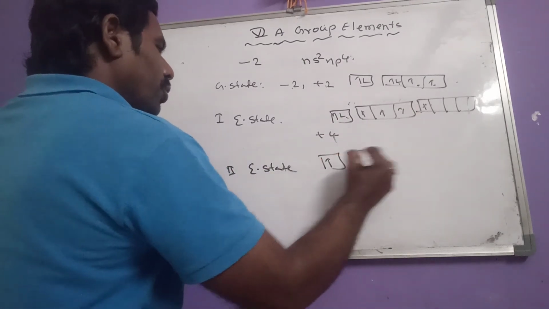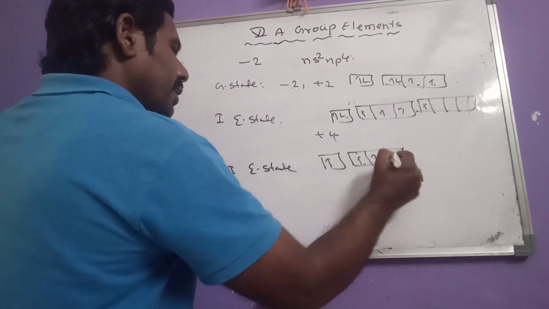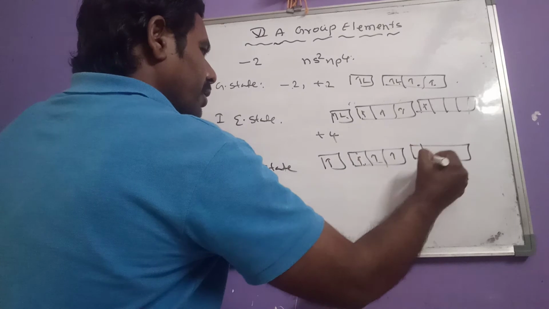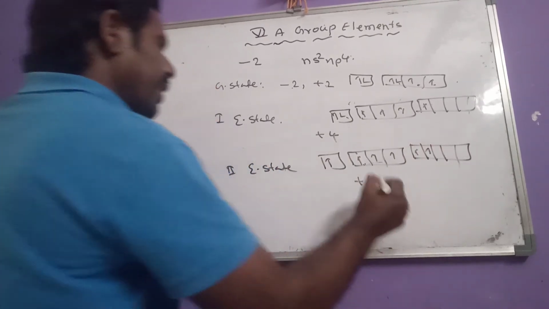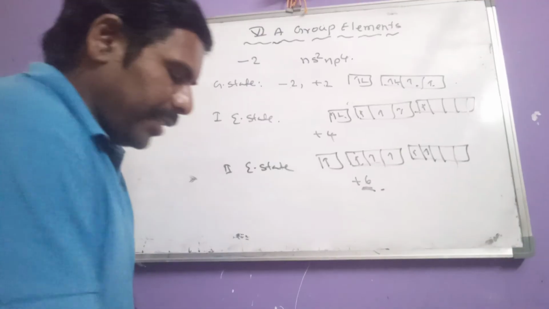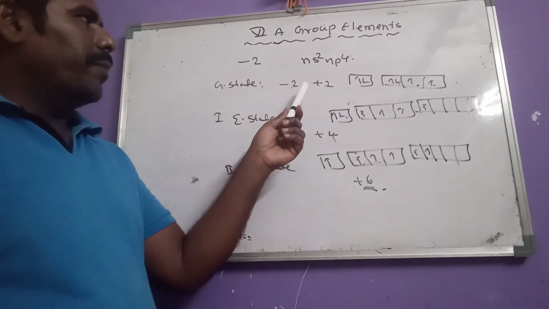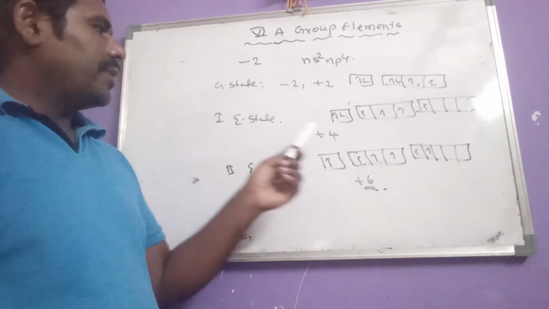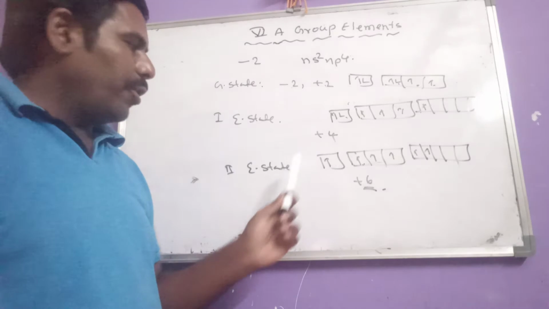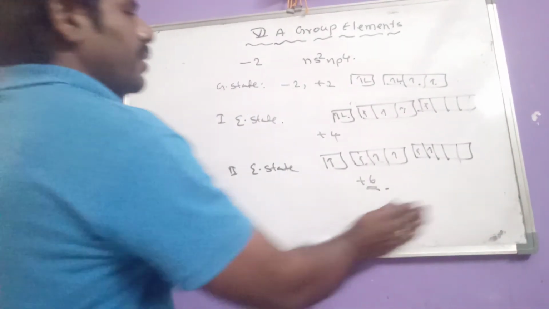Now due to the presence of 6 unpaired electrons, the oxidation number is +6. So common oxidation numbers we can take -2 and +2, but in first excited state they exhibit +4, in second excited state they exhibit +6 oxidation state.